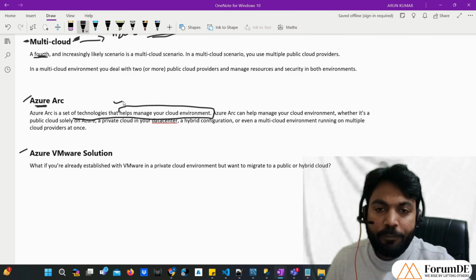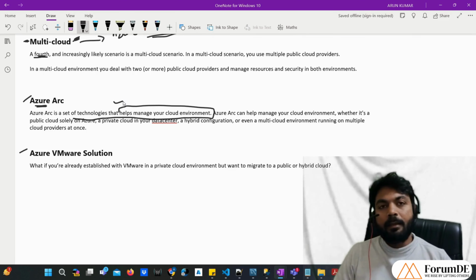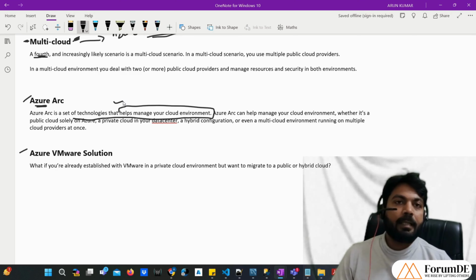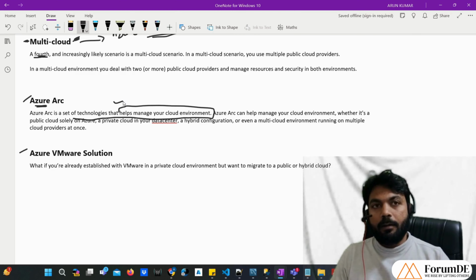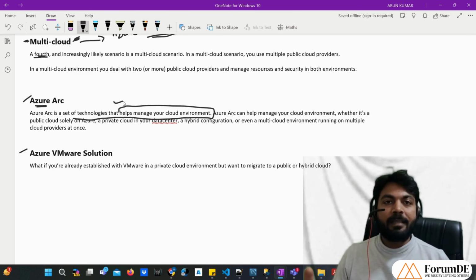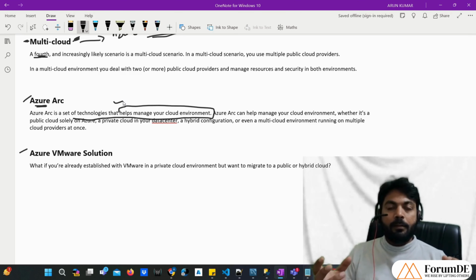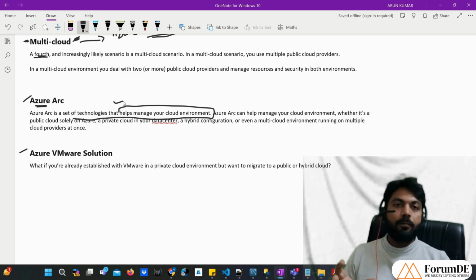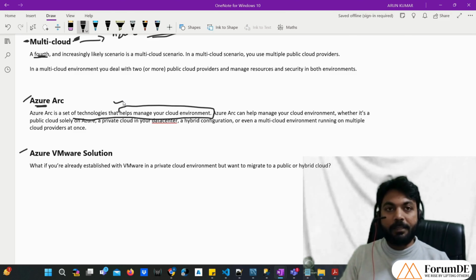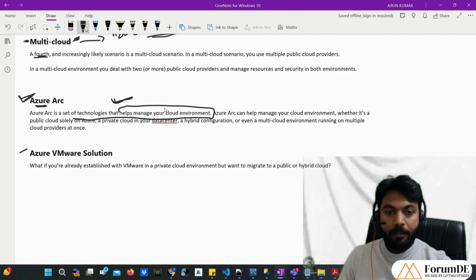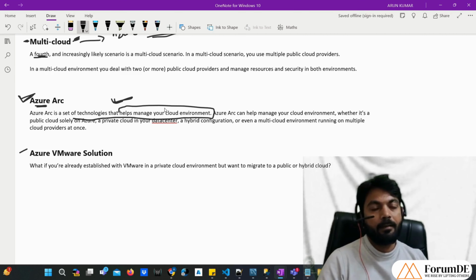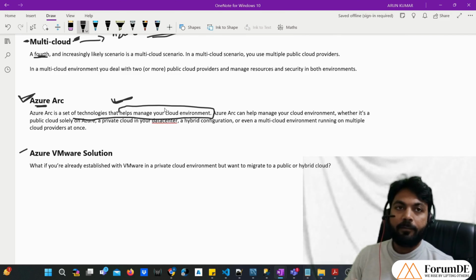Suppose a company uses multiple cloud platforms like AWS, Azure, GCP, or any private cloud platform. For managing all those platforms there are different consoles. For managing all those external services apart from Azure services, we have Azure Arc, used for the management of cloud environments that are not part of Azure.